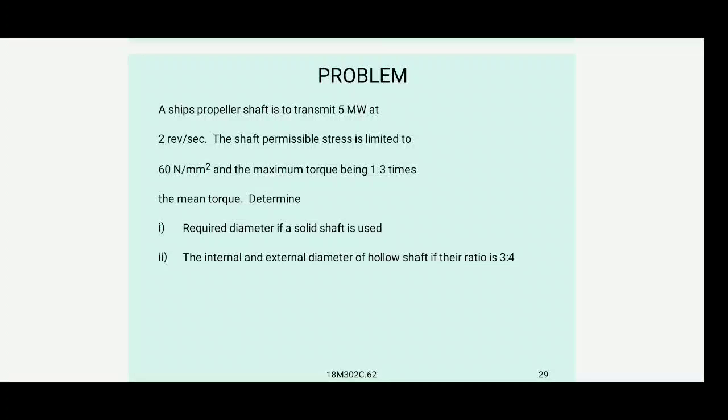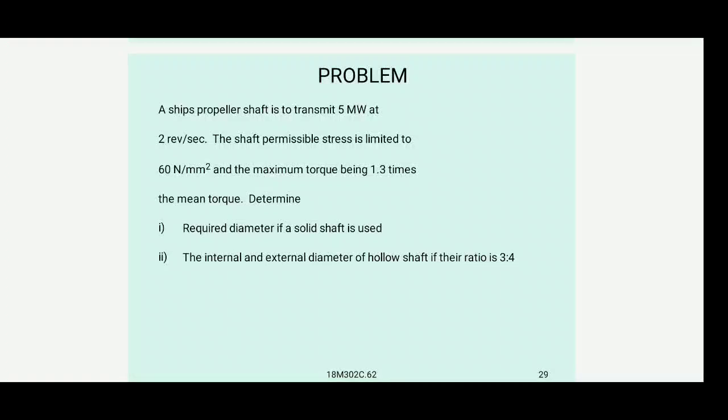Problem. A ship propeller shaft is to transmit 5 megawatts at 2 revolutions per second. The shaft permissible stress is limited to 60 Newton per mm square and the maximum torque is 1.3 times the mean torque.